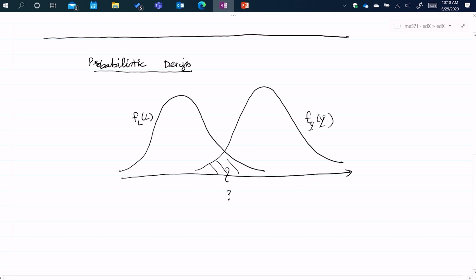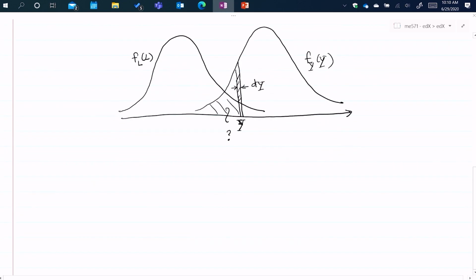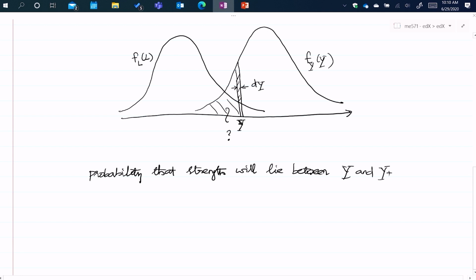One way to do that is to choose a strength value Y here, and let's say I have a differential interval dy. Then the probability that strength will lie between y and y plus dy is f sub y of y dy.